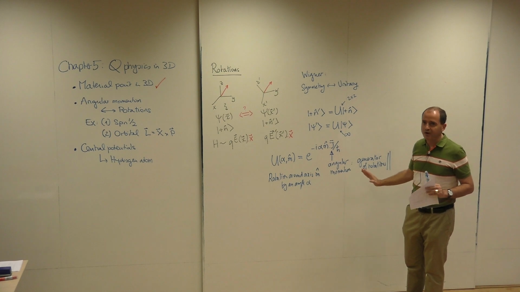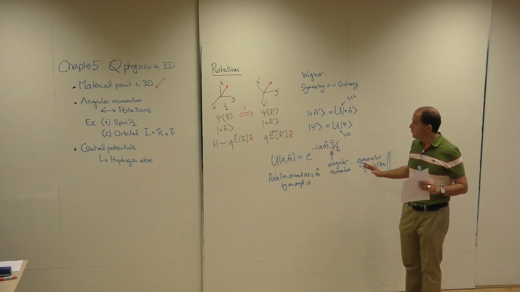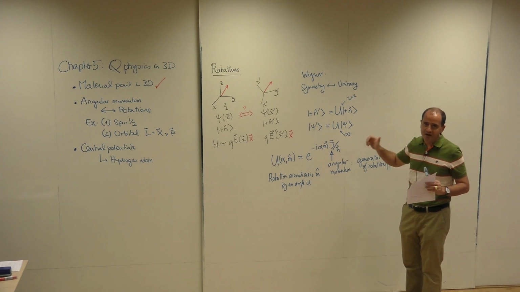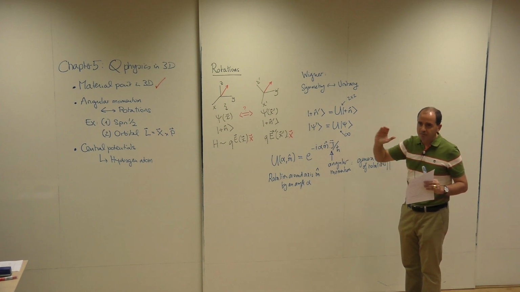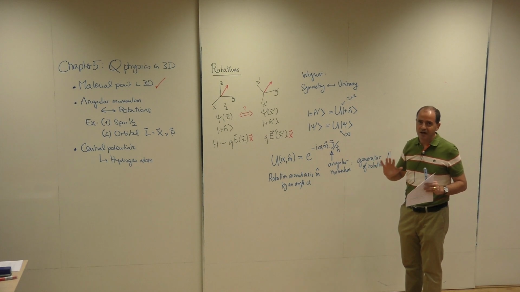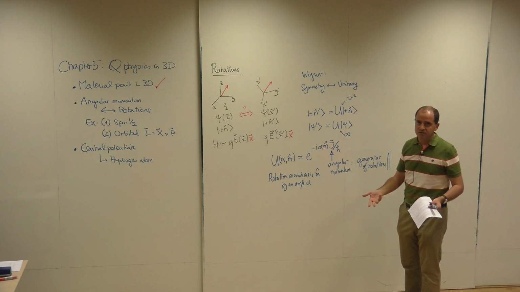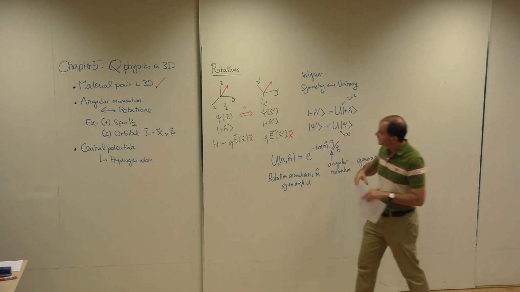And there is only one way to represent angular momentum for a spin half. There is one way to represent angular momentum for a spin 1, for a spin 3 halves, and for a material point. The angular momentum operator is always uniquely defined given the physical object. So now you can go back to the plan.